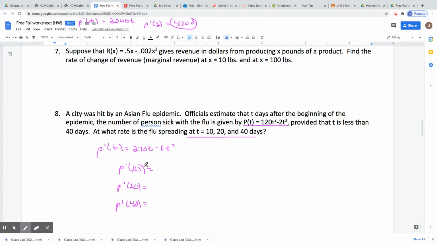When you plug in 10, you happen to get an answer of 1,800 people. At 20, you get 2,400. And when you plug in 40, you get 0, which means it stops spreading. All right, so since it was instantaneous, that's why you plugged into the derivative.